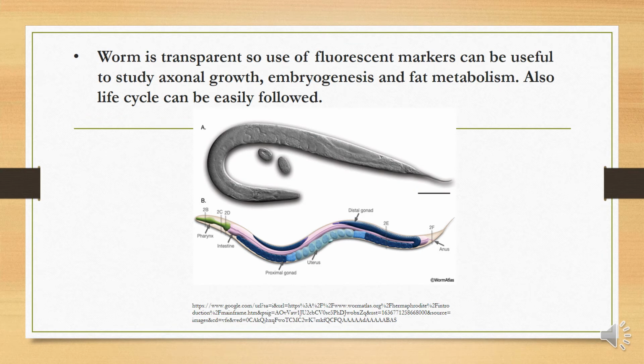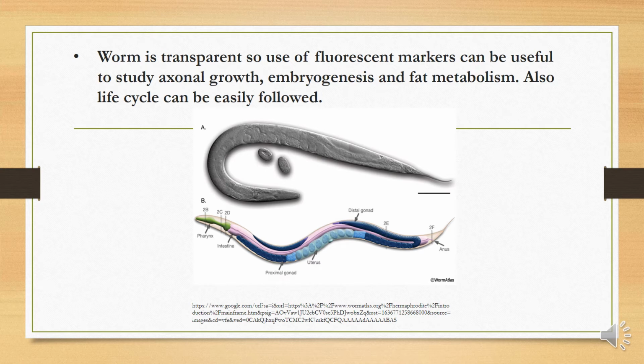Now, one of the most interesting things is that the worm is transparent, and as it is transparent, all 959 somatic cells of its body can be visible with the microscope. Also, we can use fluorescent markers to see all the organs that are present in the body of the organism, which are useful for studying its axonal growth, embryogenesis, fat metabolism, and its life cycle can also be easily followed.